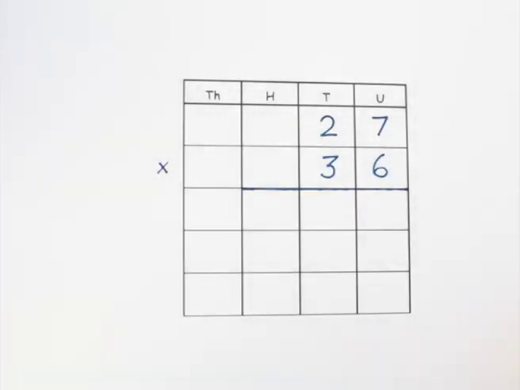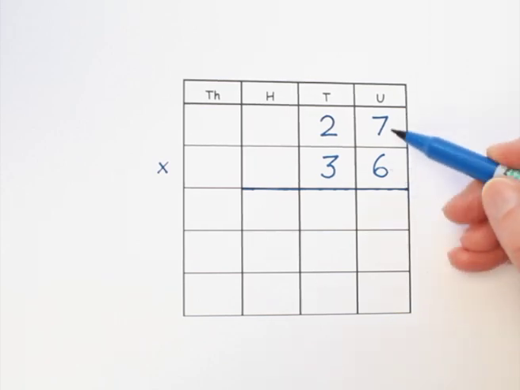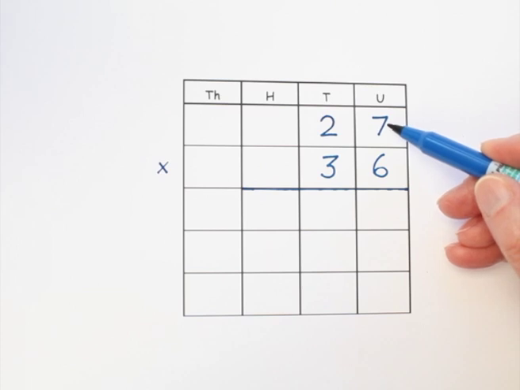Using the traditional method, which is the most common among adults in the UK, we'll do 27 by 36. You start with the units digit of the number you're multiplying by. 6 times 7 is 42.